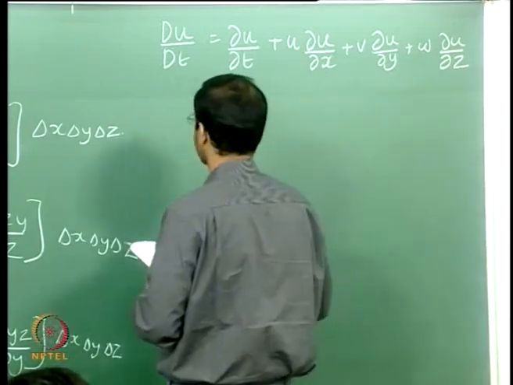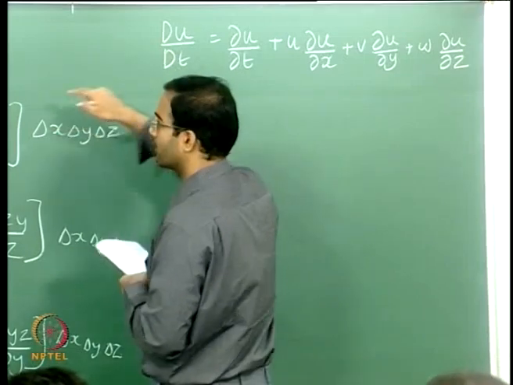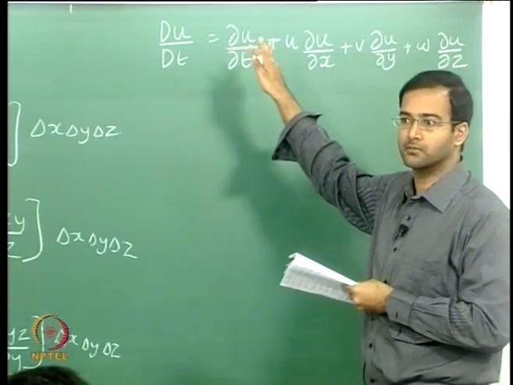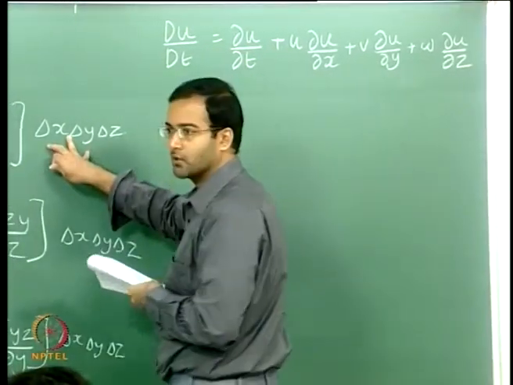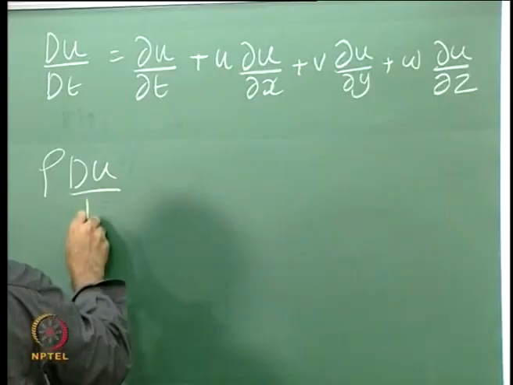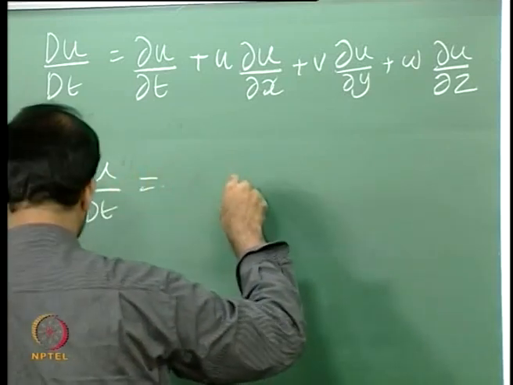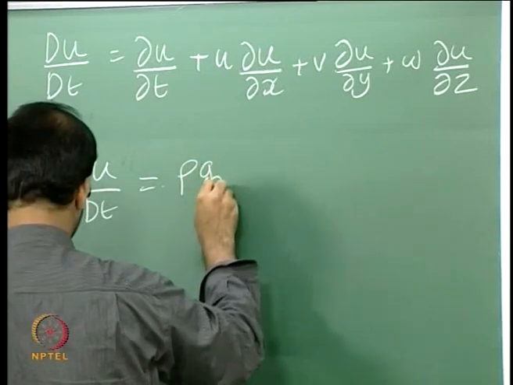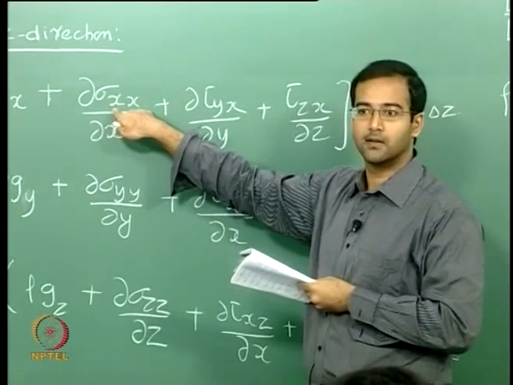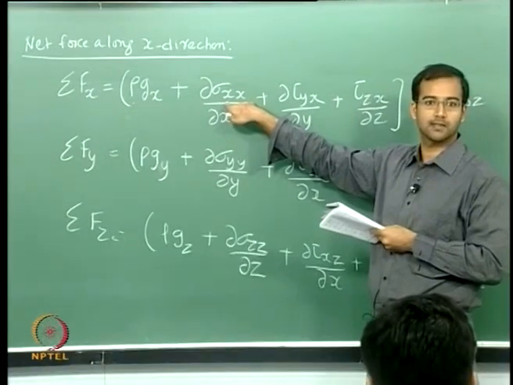So if you equate them to the corresponding forces in the direction, we have already mass into acceleration. Mass can be written as density times the volume. Okay, so we can cancel the volume on both sides. So we will have rho du by dt should be equal to this term for the balance of the forces, which is rho gx. Now what I am going to do is take out pressure from the notation sigma xx and retain only the normal component of the viscous stress.